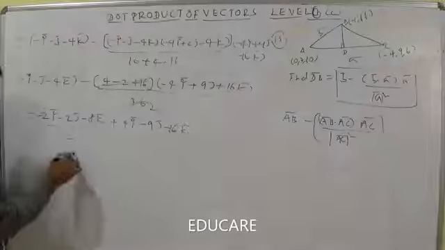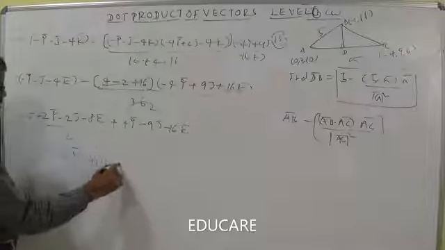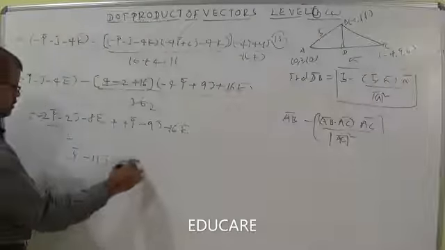Here you can write this as 2i minus 11j minus 24k whole by 2.